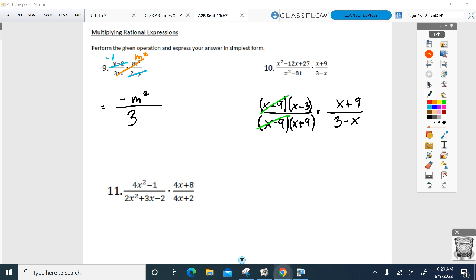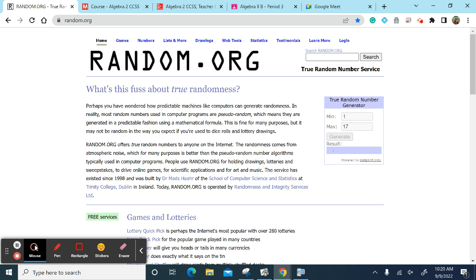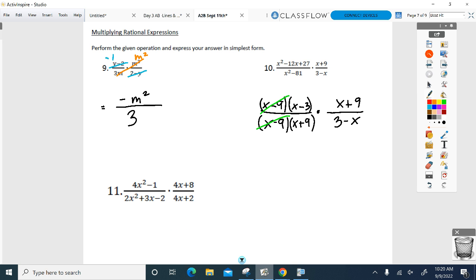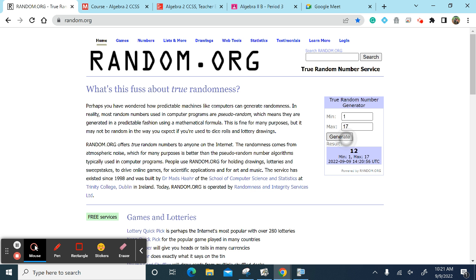What else can I cross out? There's a heck of a lot more here. What do you got for me? x plus 9 and x plus 9. Same exact things. Cross them out. Move on. Anything else? Take a peek at what's left over.